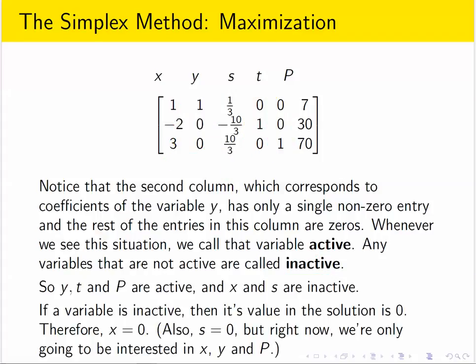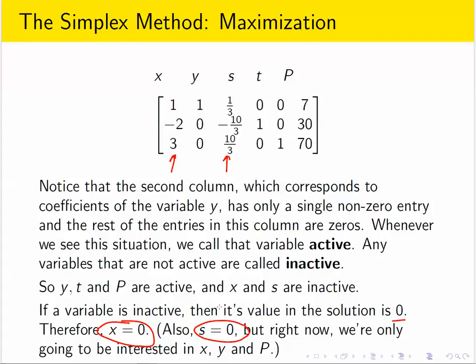Now, as soon as we know a variable is inactive, we know the value for that variable in our final answer will be 0. That's one of our first rules for interpreting the results of the simplex method. So x and s are both inactive. That means x is 0 in our final answer. s is also 0, although it's not normally part of our final answer.